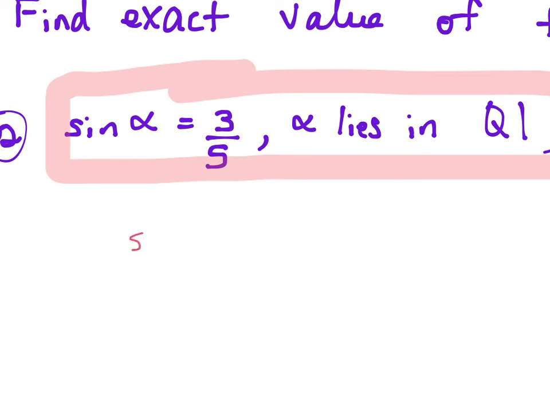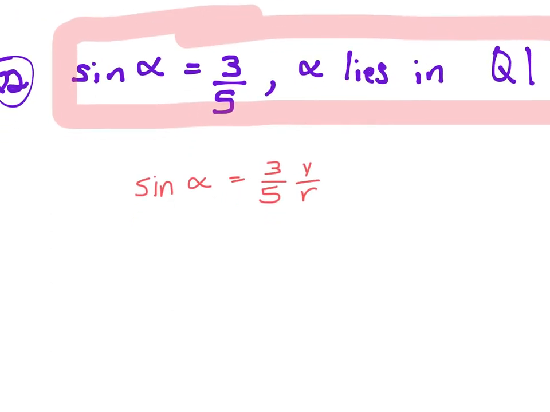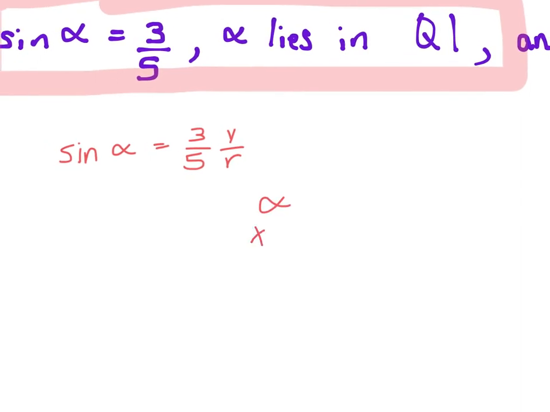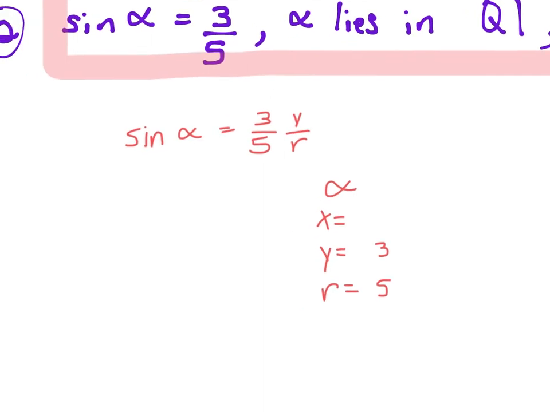So they're telling me that the sine in this alpha triangle is 3 over 5. So remember, sine is y over r. In our triangle alpha, we have x, we have y, and we have r. I know the y value is 3 and the r value is 5. Now I have to find x.